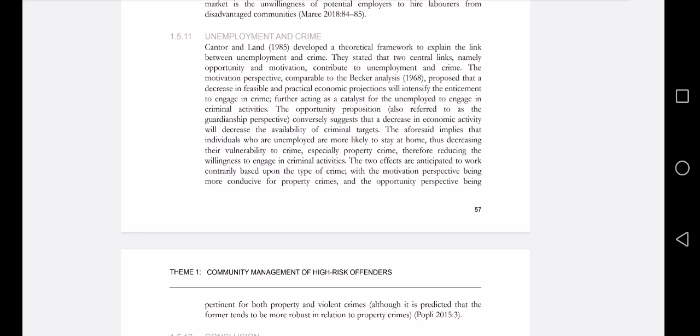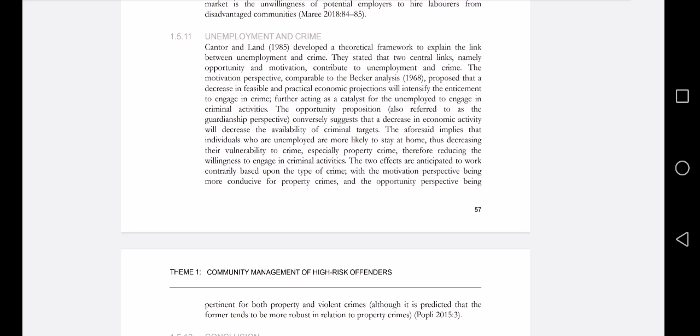Unemployment and crime. Cantor and Land 1985 developed a theoretical framework to explain the link between unemployment and crime. They stated that two central links, namely opportunity and motivation, contribute to unemployment and crime. The motivation perspective, comparable to Becker's analysis, proposed that a decrease in feasible and practical economic prospects will intensify the enticement to engage in crime, further acting as a catalyst for the unemployed to engage in criminal activities.